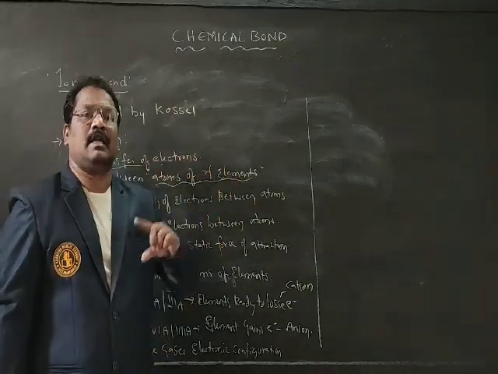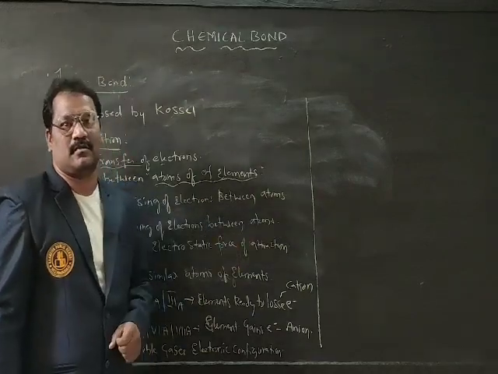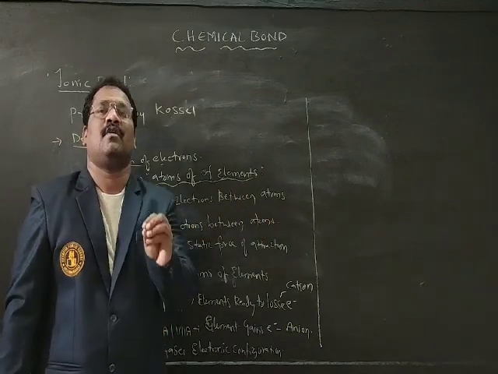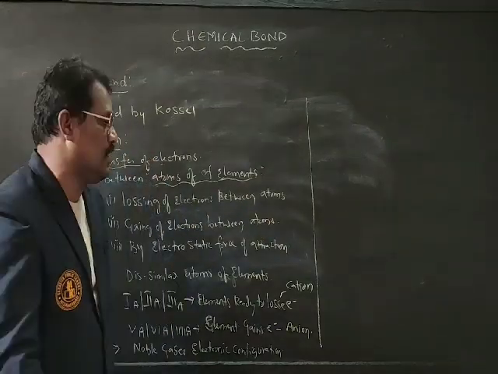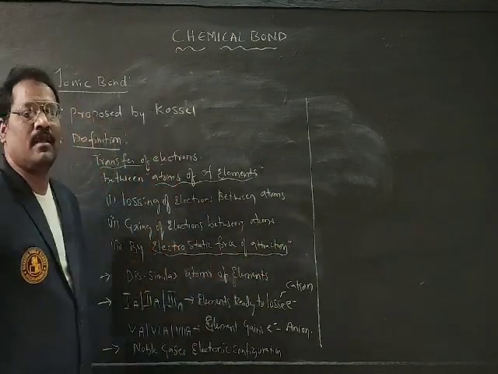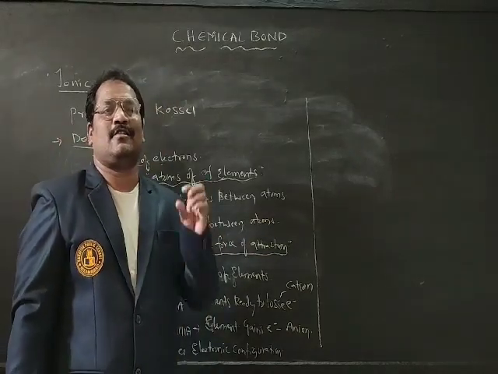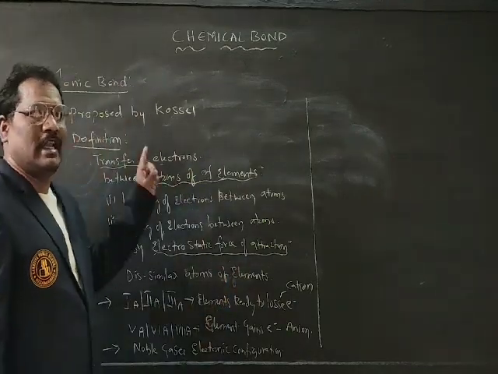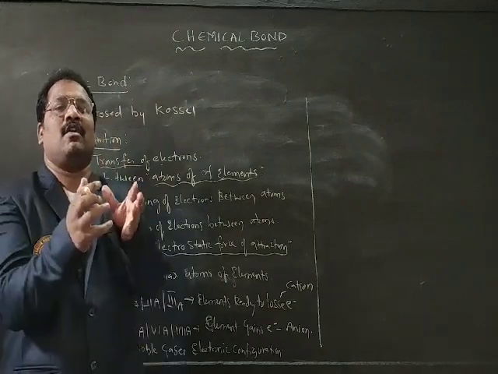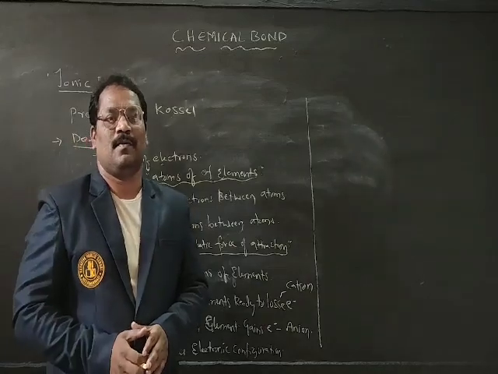That transfer is in the form of losing of electrons or gaining of electrons based upon one force, called the electrostatic force of attraction. By electrostatic force of attraction, when electrons are transferred from one atom to another, a bond is formed. That bond is called a chemical bond.